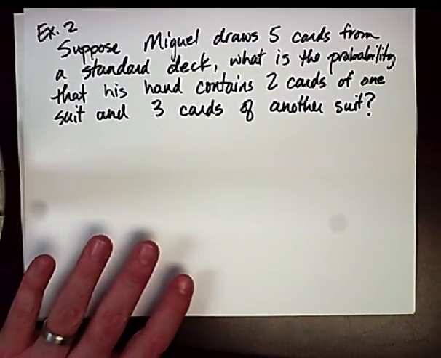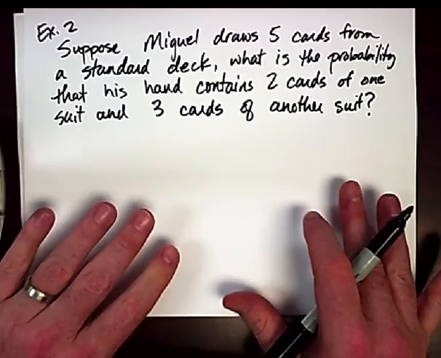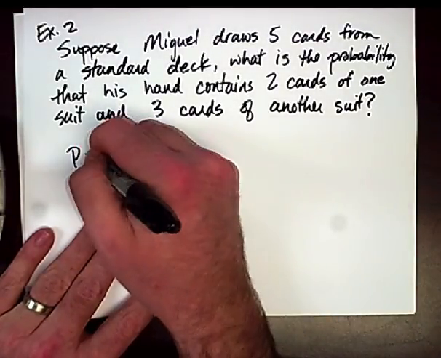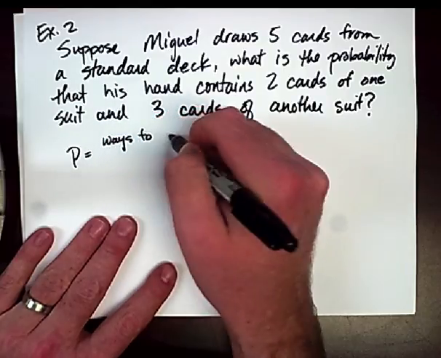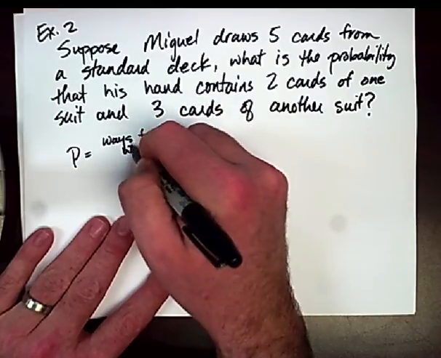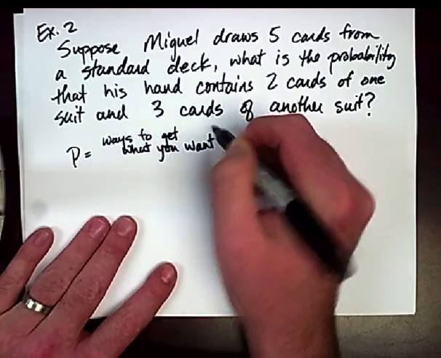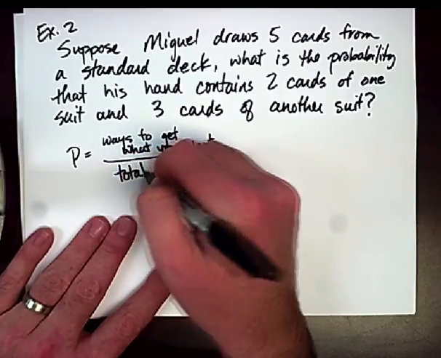Okay, now this one's pretty tough, okay? First of all, remember the probability is ways to get what you want over total possibilities.